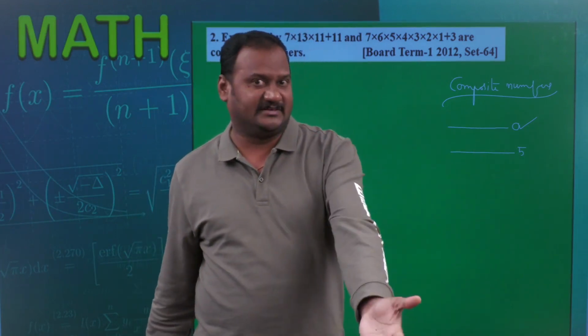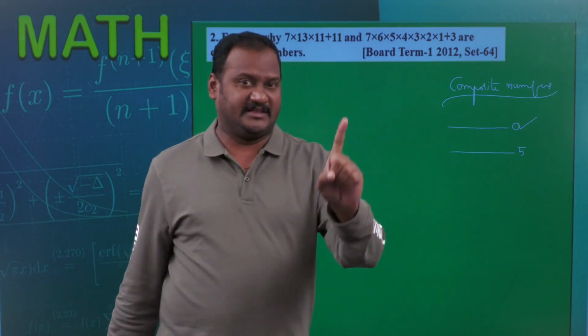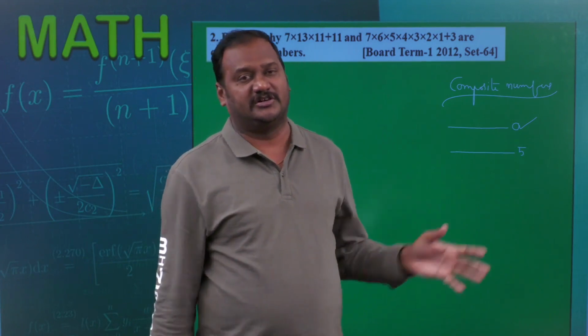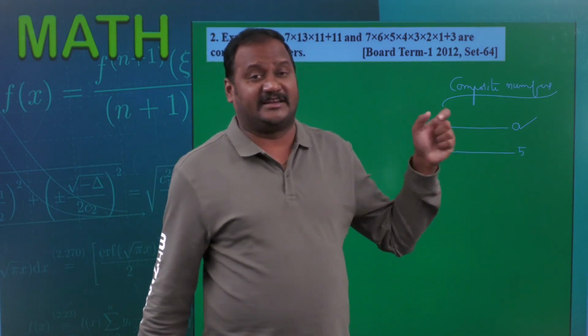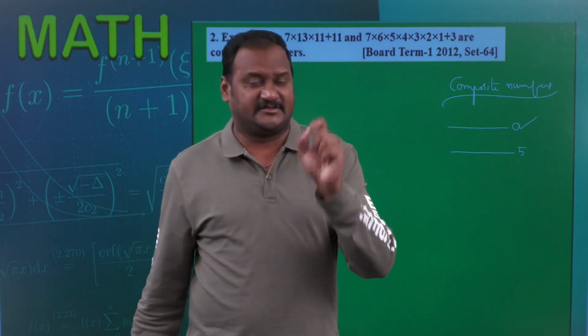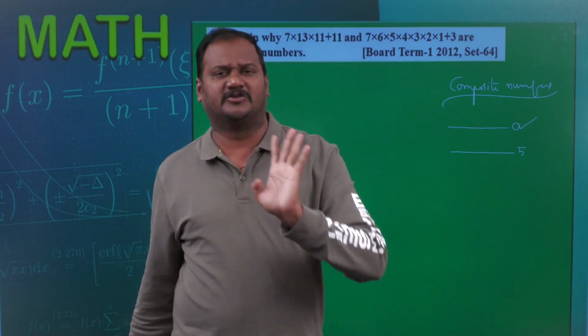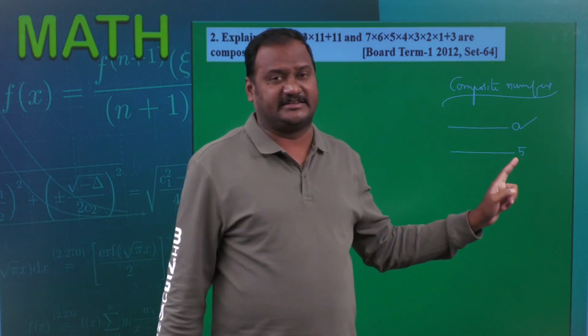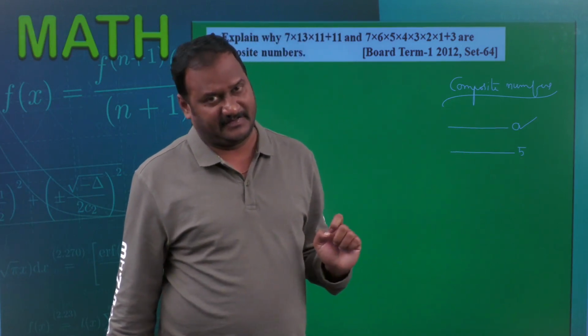Then 5 is a factor, 1 is a factor, and the entire number is a factor of itself. So it has a minimum of 4 factors, and in that case also the number is a composite number.